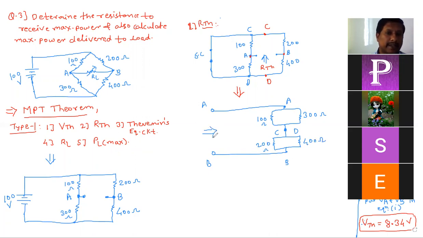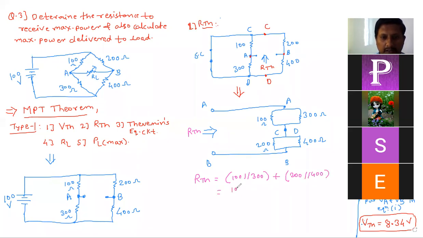Now you can observe from A and B and calculate. You can easily calculate RTH now because 100 and 300 are parallel, 200 and 400 are parallel, but both are in series. So RTH is equal to 100 parallel with 300 plus 200 parallel with 400.